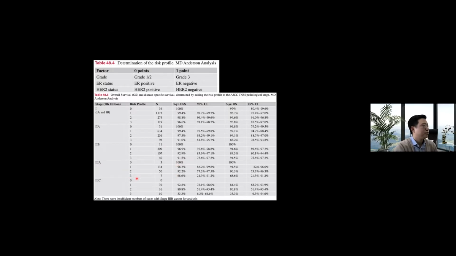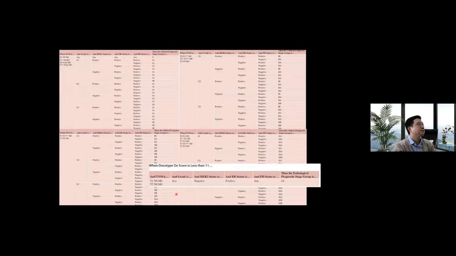But if the patient had 3 points, the survival goes down to 68%, and in 3C, like 33%. So even though patients have the same TNM staging, their prognosis will vary widely according to these prognostic factors. That is why prognostic staging is adopted in this 8th edition.